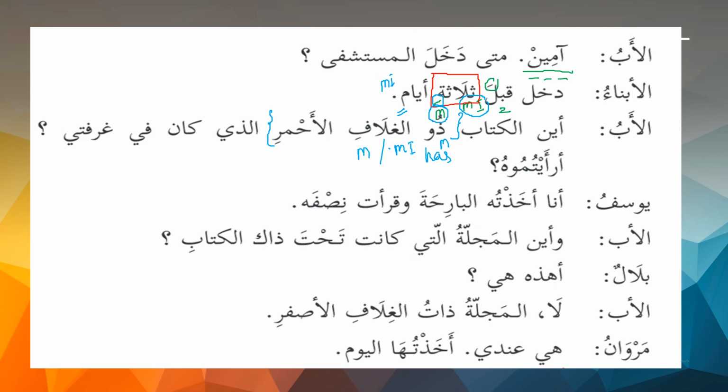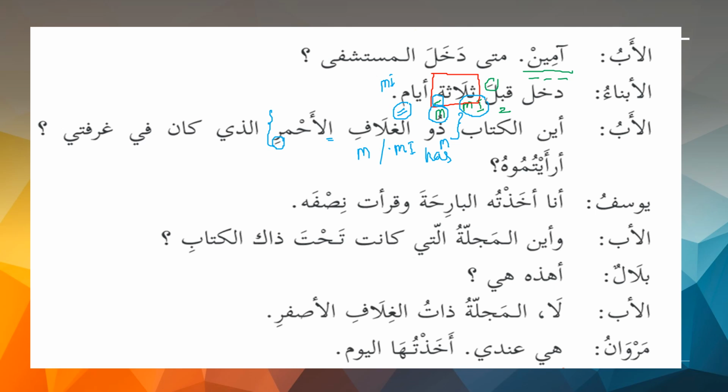So it's a marifa idafa, that's why it is having a single kasra. Here it was nakira idafa, and that's why it was having a kasratan. So this is one point of recognition for nakira idafa, and the presence of al tells you it's a marifa idafa. And yes, we have two types of idafa, one nakira and the other marifa.